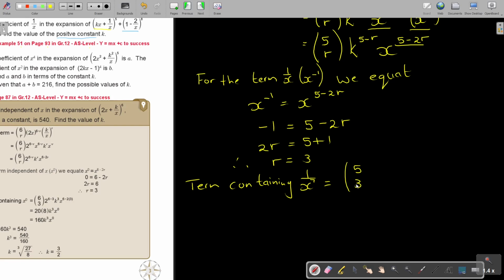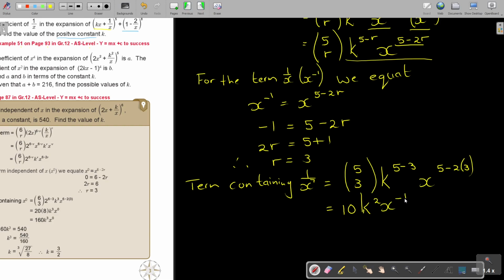So 5 C 3. And then I'm there. Do you see? So it's k to the power 5 minus 3, x to the power 5 minus 2 times 3. And that is going to be, press on your calculator 5 nCr 3. And what do you get? 10. And it's going to be k squared. And it's going to be x to the power negative 1. Okay.